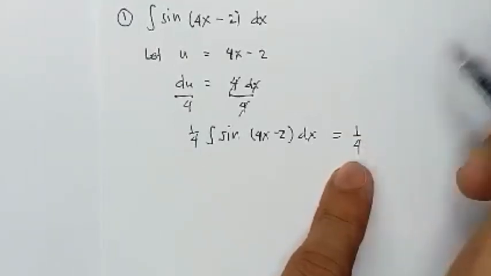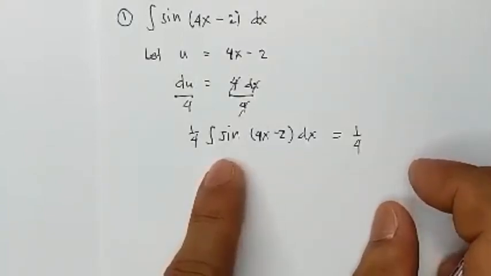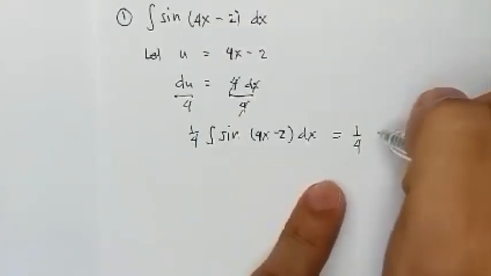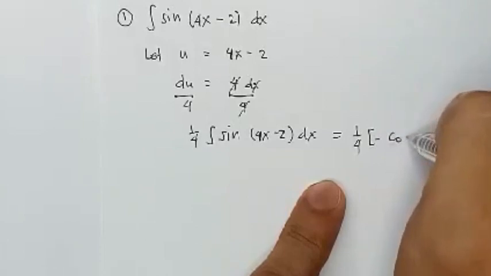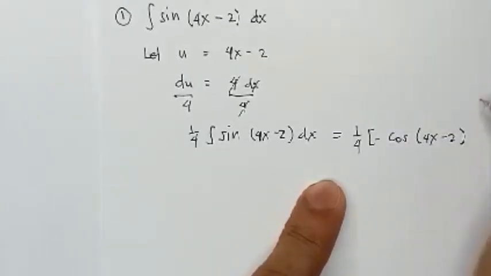Then we all know that the integral of sine is negative cosine. So we come up now with negative cosine quantity 4x minus 2.